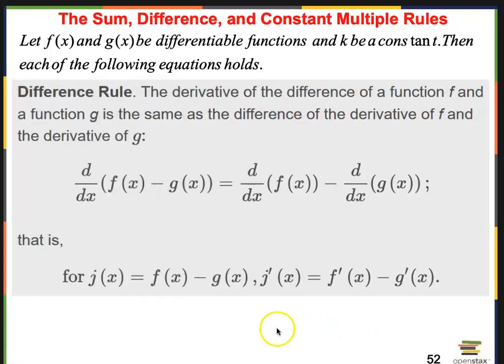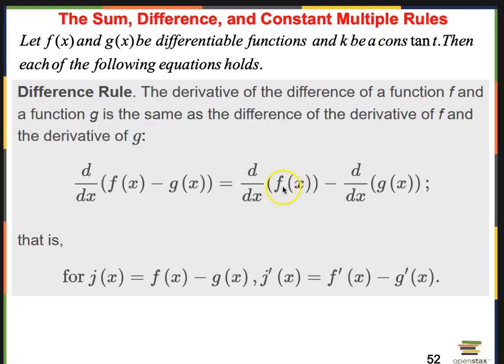Okay, and the same thing when we look at the difference rule. Let f of x and g of x be differentiable. Now you notice these things have to be true in order to be able to use these rules. K is a constant. And then we have the difference rule, which is very similar to the sum rule, except we're taking a difference.